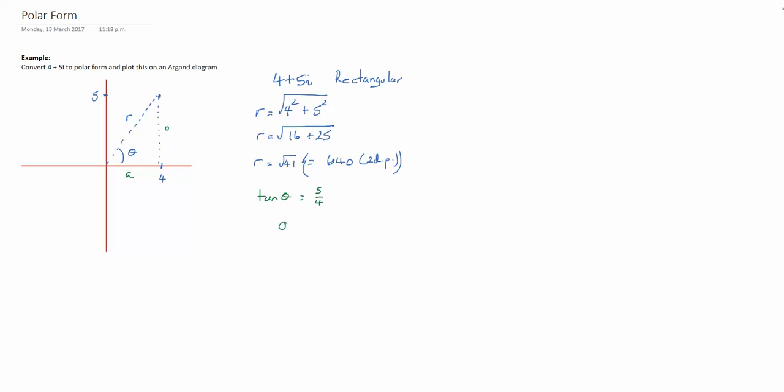Now you need to work this out in radians, that's the preferred unit for angles here. I'm checking my calculator is in radians mode, and indeed it is. So I'm going to take the inverse tan of 5 over 4, 1.25, and that is 0.896 radians.